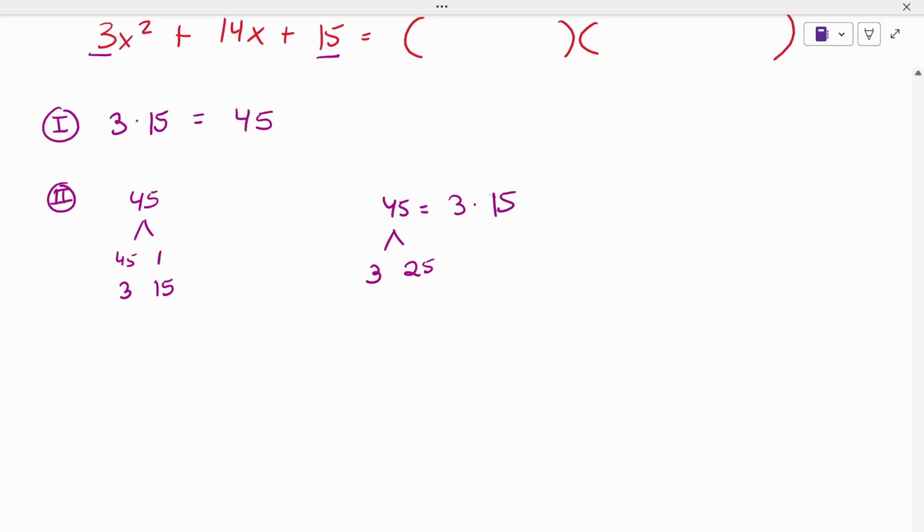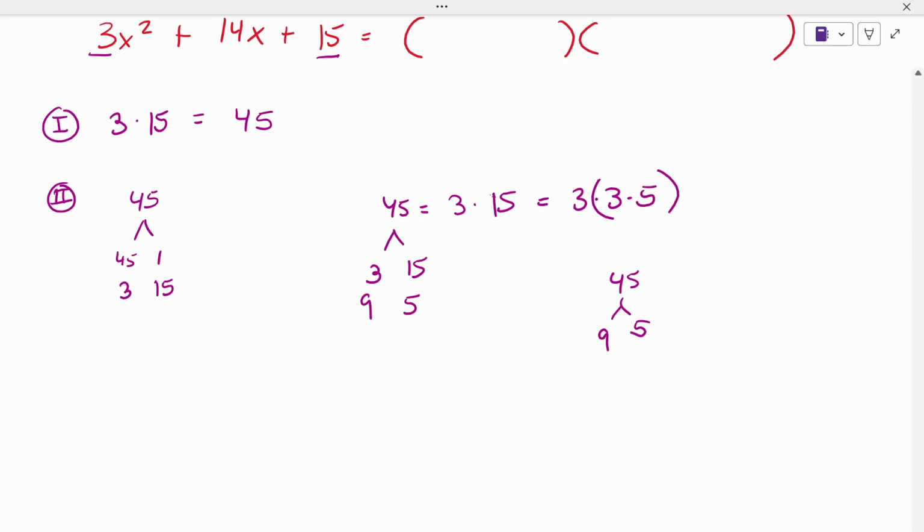This 45 is the same thing as 3 times 15, but 15 is the same thing as 3 times 5. Okay, there we are. So 45 could be rewritten as 3 times 15, but 15 itself could be 3 times 5. And so if you do a little bit of a rearrangement on the factors, 45 is also the same thing as 9 and 5. So 9 and 5 is one of the factor pairs.